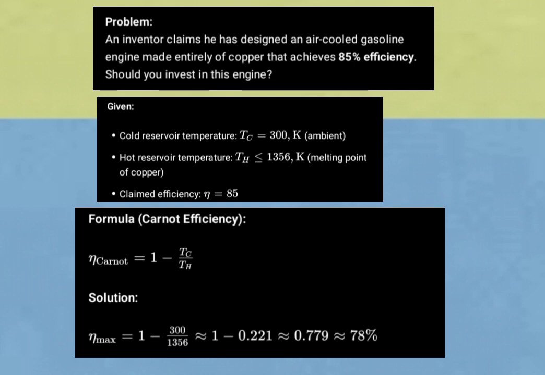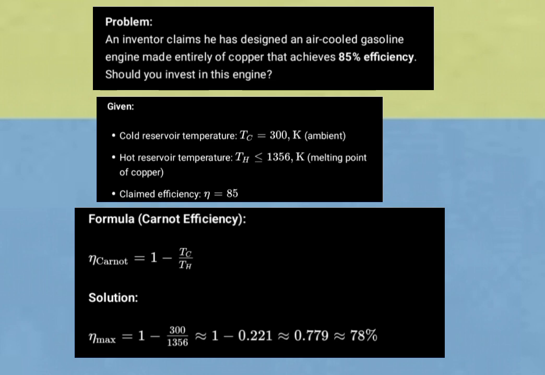The temperature of the cold reservoir for this air-cooled engine is about 300 K, or the ambient temperature. And the temperature T_H of the hot reservoir cannot exceed the melting point of copper, 1356 Kelvin.